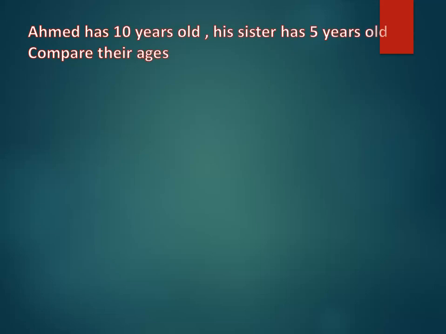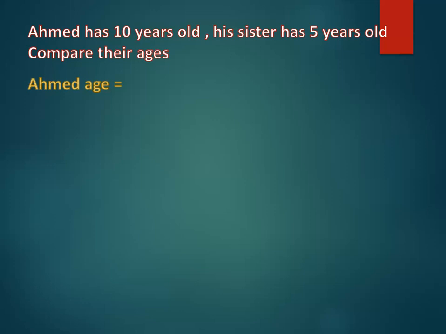Let's see this example. Ahmed is 10 years old. His sister is 5 years old. Compare their ages. We know that Ahmed is greater than his sister, but I need another way to compare.